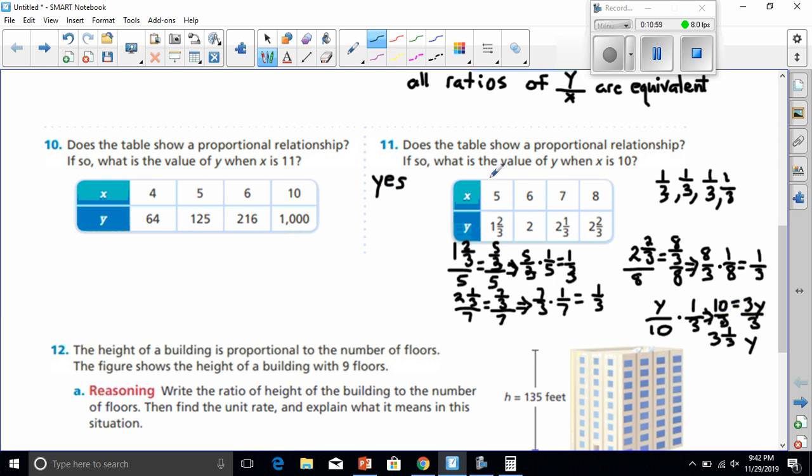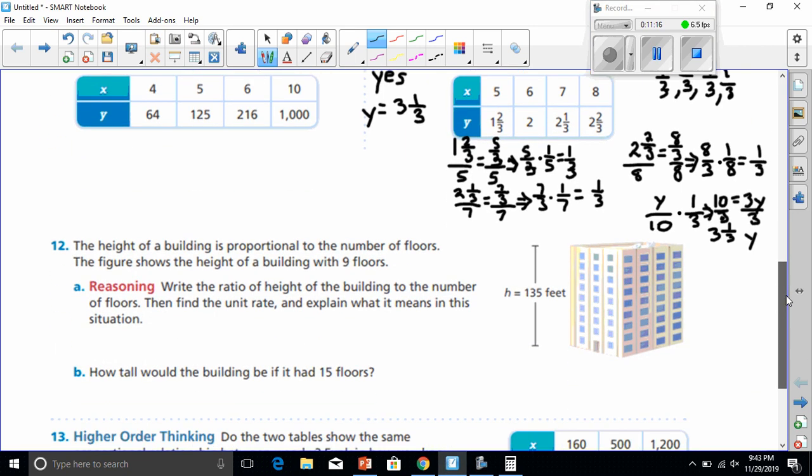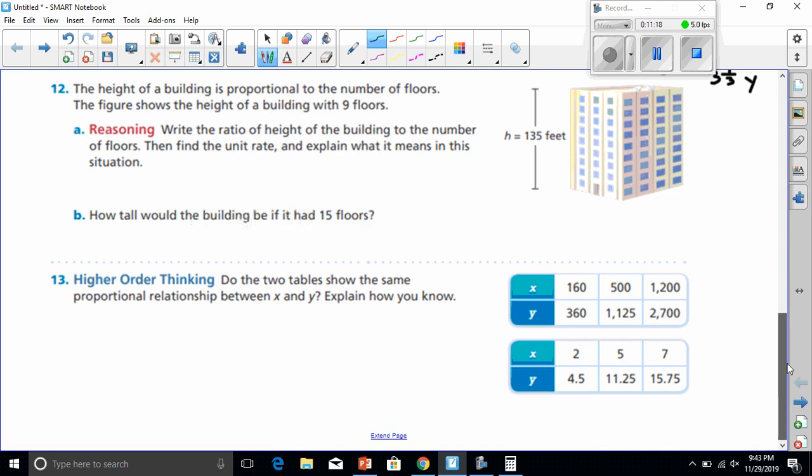So let's see, the value of y equals 3 1/3. That should take care of number 11. Now we can go on to, well, 12 is yours to do, so that leaves 13 for me to do.